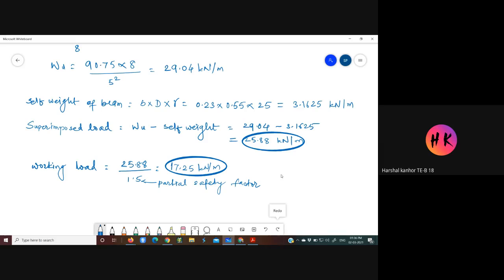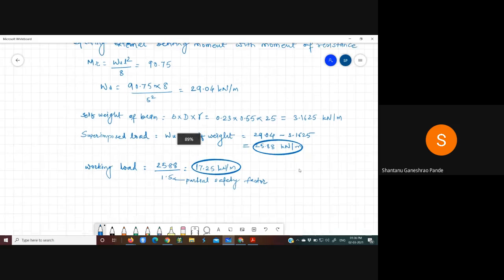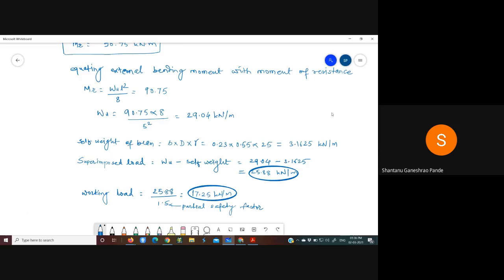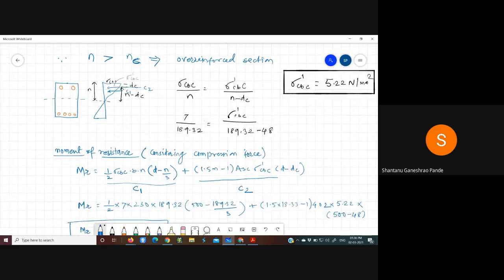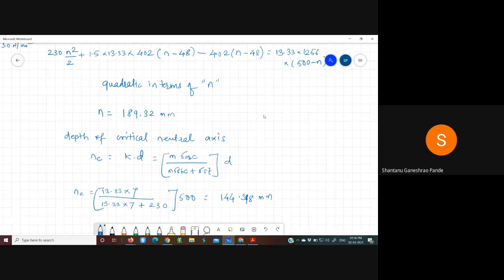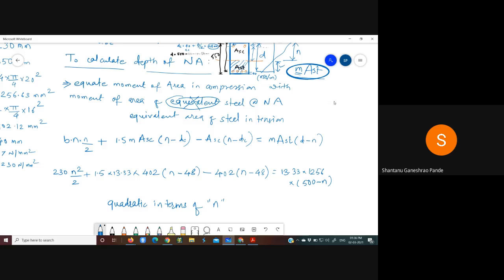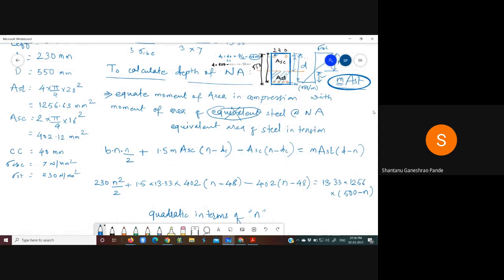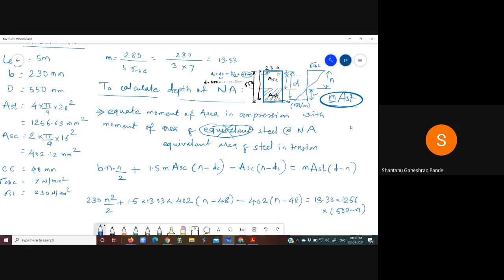Yes, sir. So this is how this entire analysis of doubly reinforced beam is supposed to be carried out. With the given data, first you have to note down whatever data is given. Then you are supposed to calculate the depth of actual neutral axis.